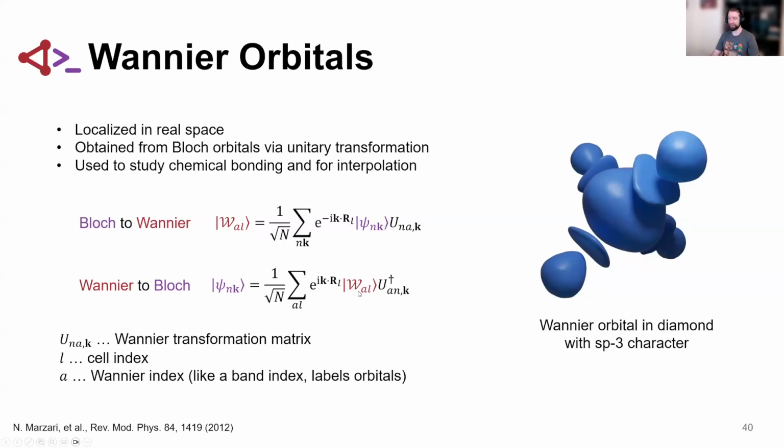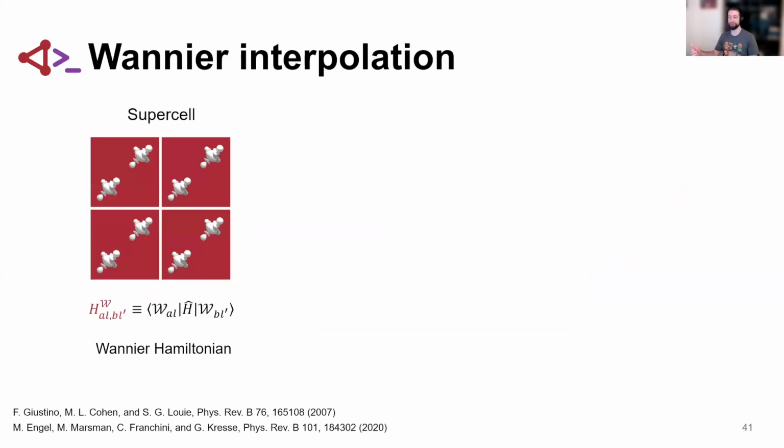And getting this Wannier transformation matrix is really the tricky part about Wannier orbitals, because every property of that orbital, like its position, its symmetry, the flavor, the degree of localization, it's all controlled by that U matrix. And there's lots and lots of freedom to choose the different values of this unitary matrix. But once we have such an orbital, it is now possible to perform a Wannier interpolation scheme.